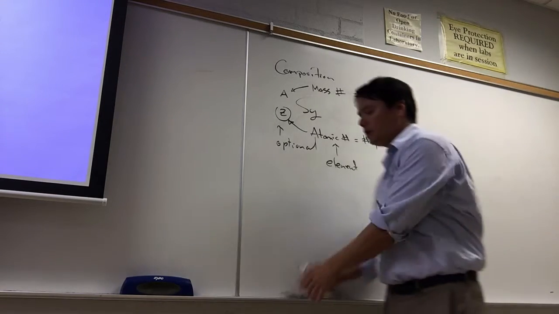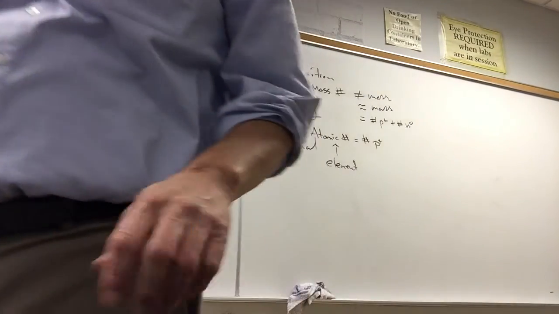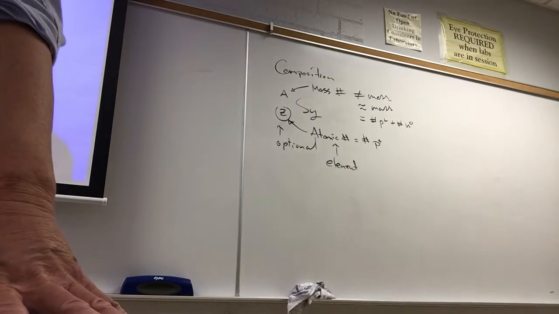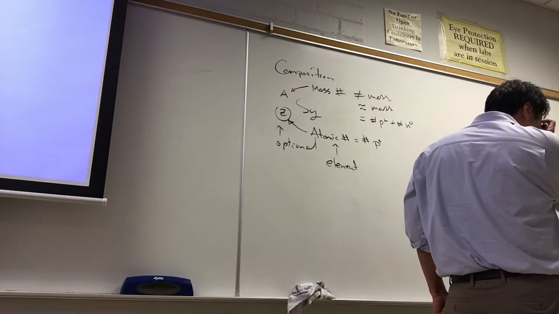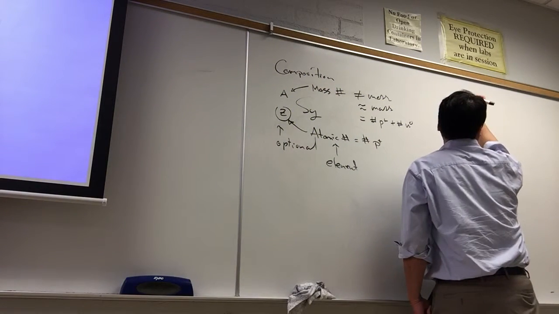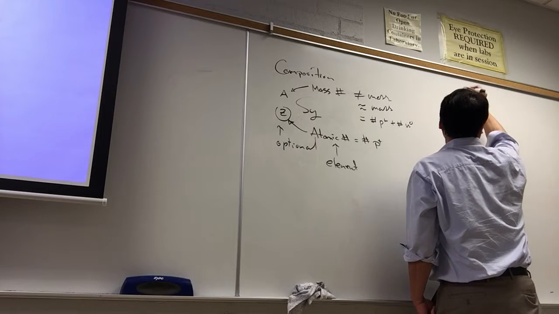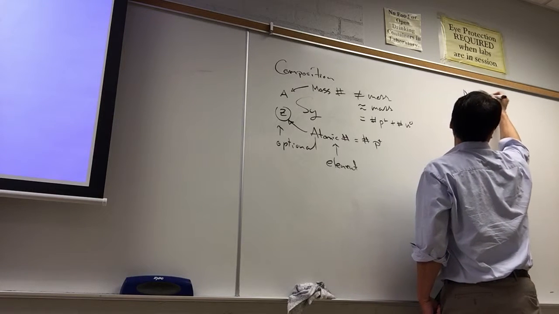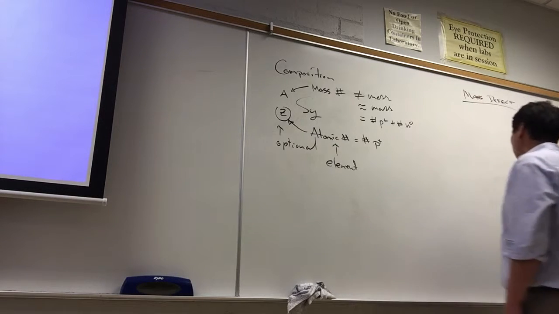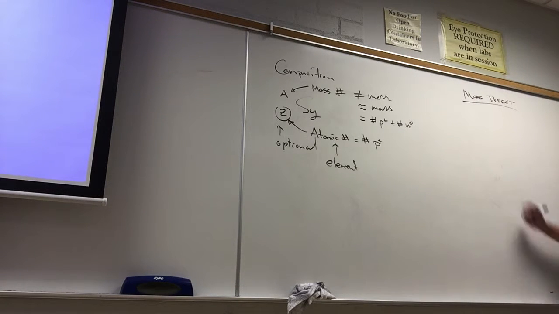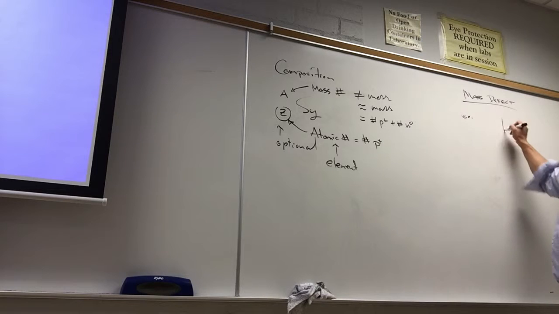Chemists are mainly interested in electrical properties, except for one thing. There's only one nuclear thing that we should talk about now, and that's something called the mass defect. We'll do an example of the mass defect.